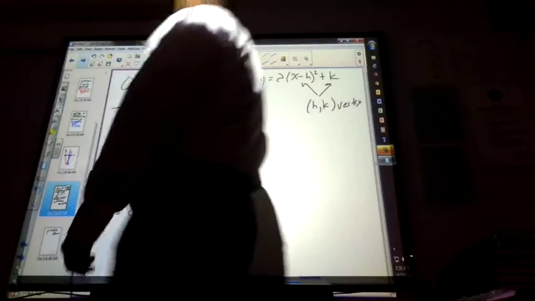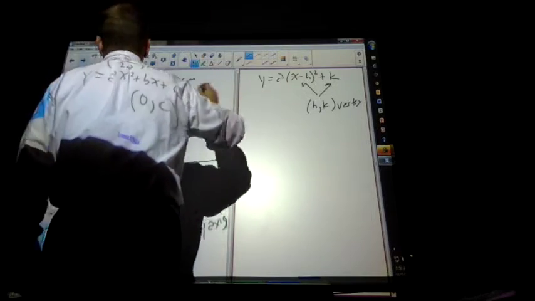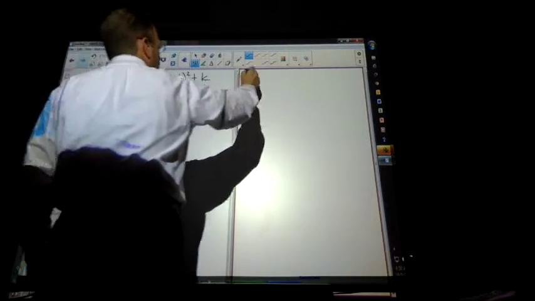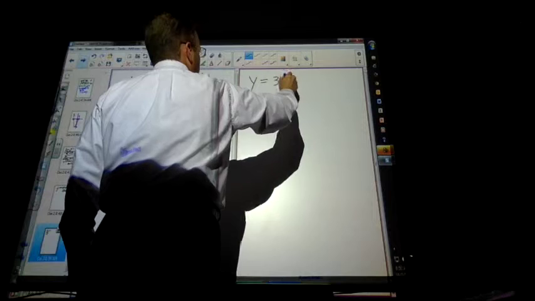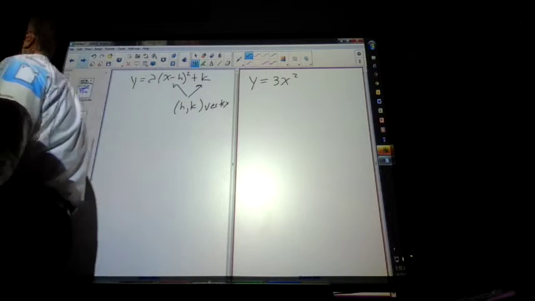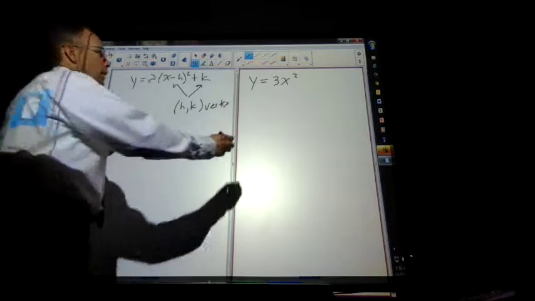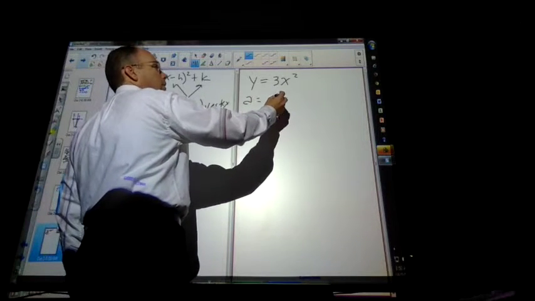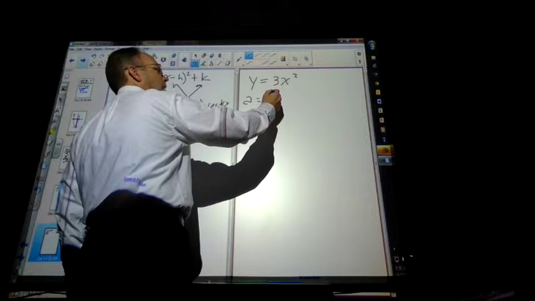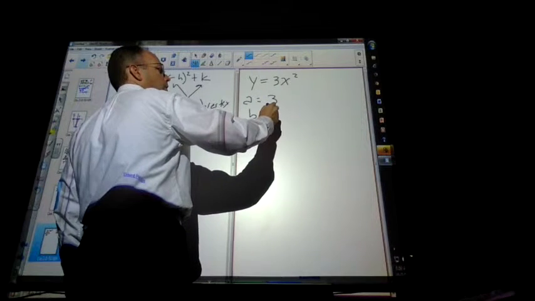Can I graph something that looks like this? Can I graph that? Is it a parabola? Do we know where it crosses the x and the y-axis? Yeah. Okay. What is my a value up here? 3. What's my b value? 0.